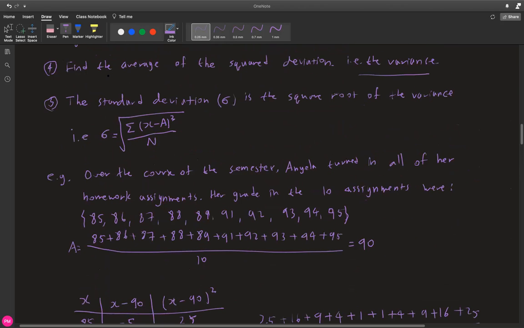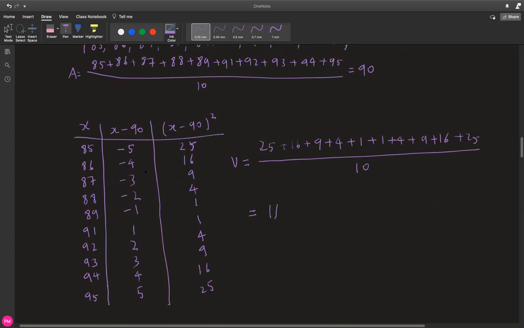The last step is the standard deviation. So the standard deviation sigma is the square root of the variance. Now that we know the variance is 11, the standard deviation is found by square rooting the variance, which in this case is the square root of 11.